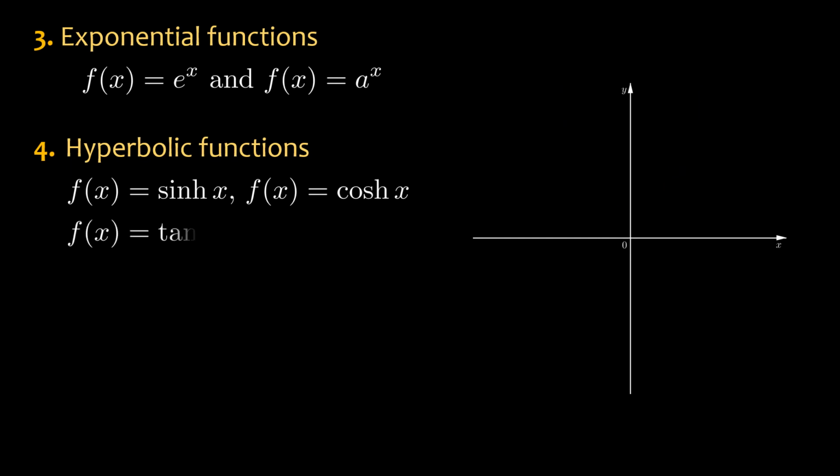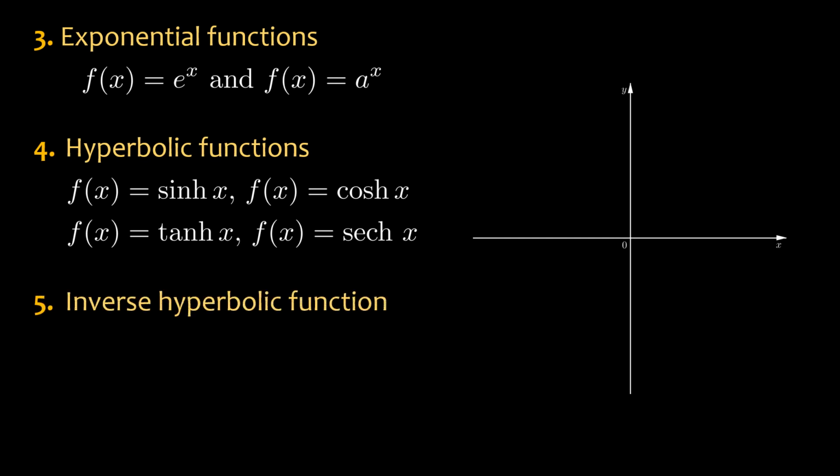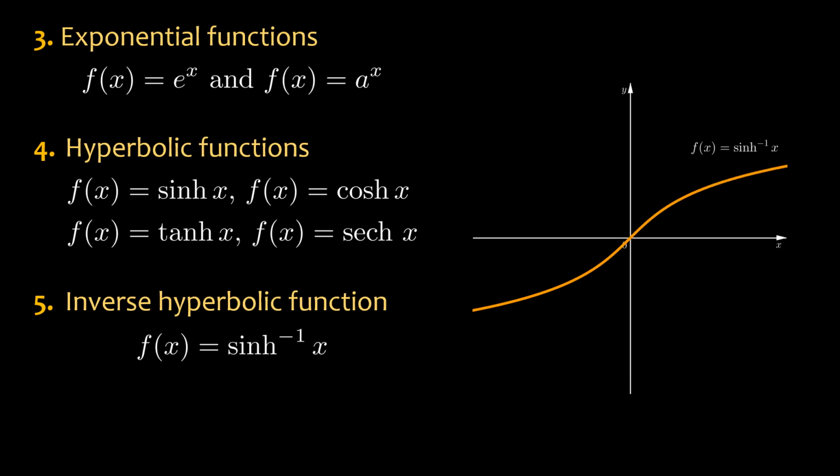Hyperbolic tangent. Hyperbolic secant. Number 5. Inverse hyperbolic functions. Inverse hyperbolic sine. Meanwhile, other transcendental functions are not continuous everywhere.